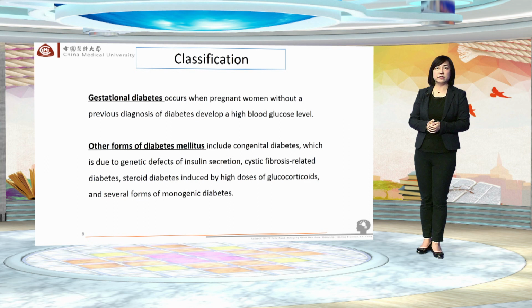Other forms of diabetes mellitus include congenital diabetes, which is due to genetic defects of insulin secretion, cystic fibrosis-related diabetes, steroid diabetes induced by high doses of glucocorticoids, and several forms of monogenic diabetes.